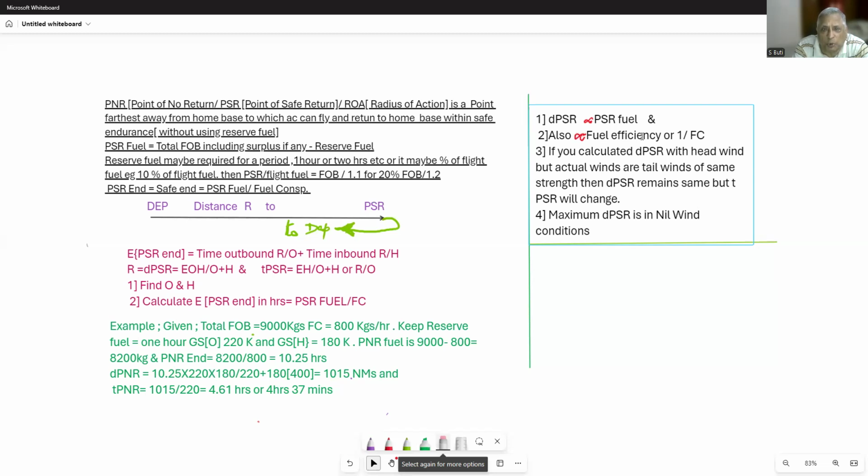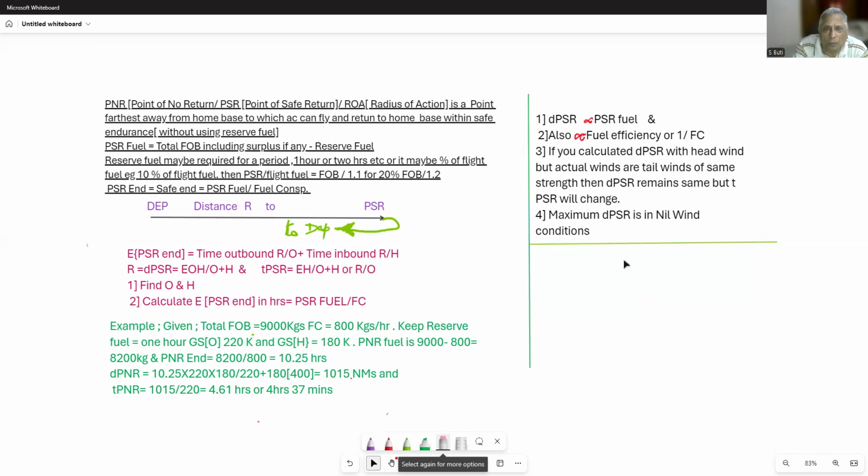PSR is also proportional to fuel efficiency, or inversely proportional to fuel consumption. If the actual fuel consumption in the flight is 10% less, your fuel efficiency will be 10% better, and PSR will also increase by 10%.